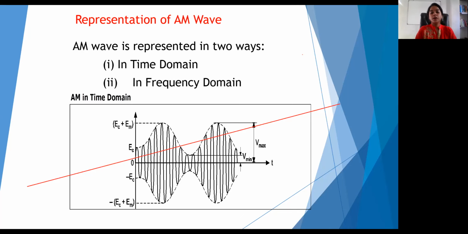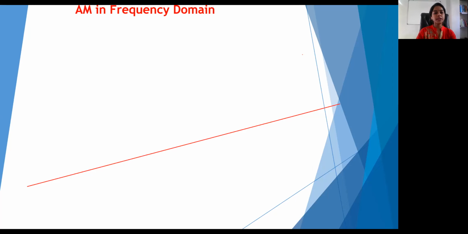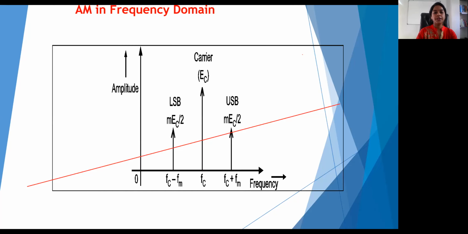You have to show the amplitudes by varying time, and also the envelope for upper sideband and lower sideband. And this is how we represent in frequency domain.